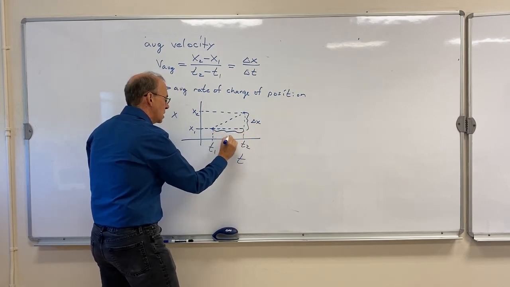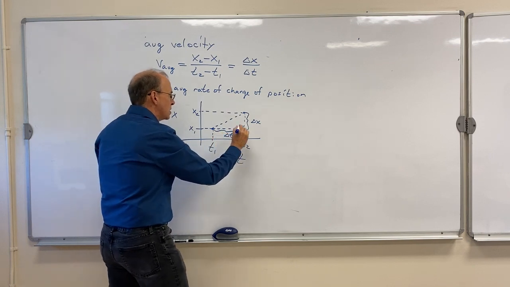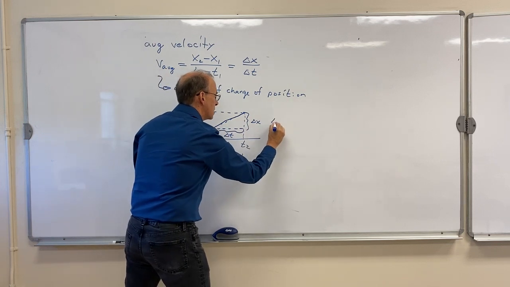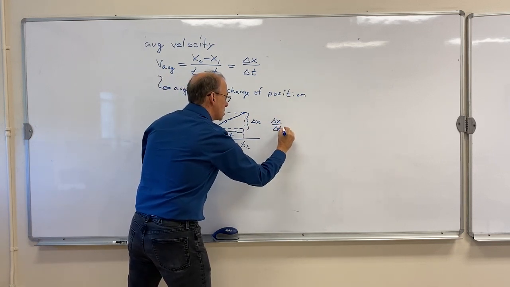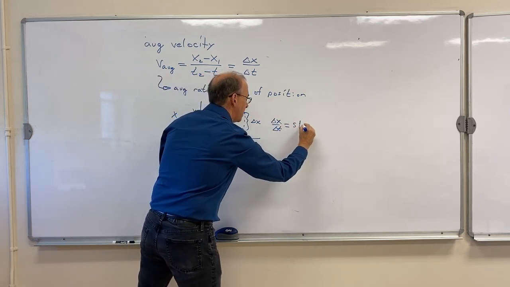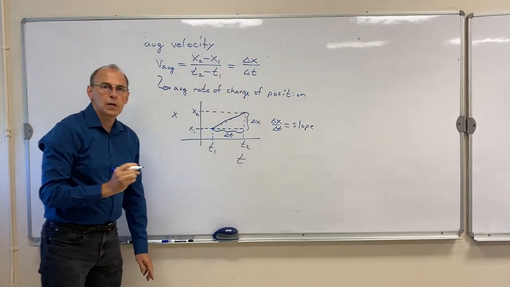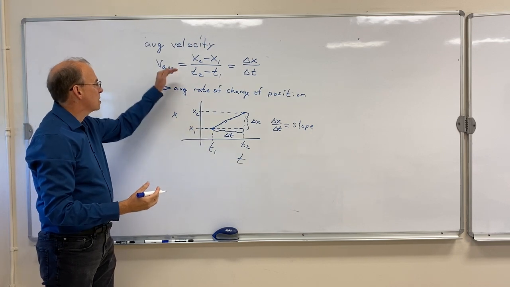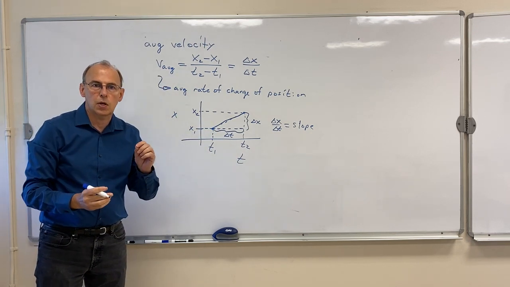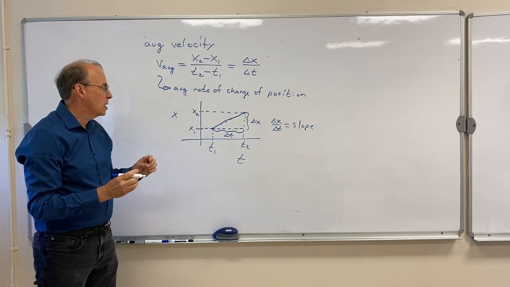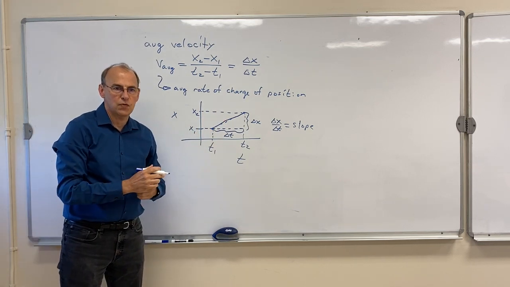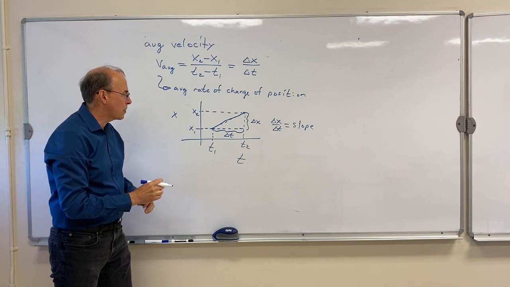This distance, t2 minus t1, is delta t. So delta x over delta t is just the slope of that graph, and we see the slope of a position versus time graph gives us velocity. Now we'll talk a little more about the slope of position versus time graph later in the chapter.